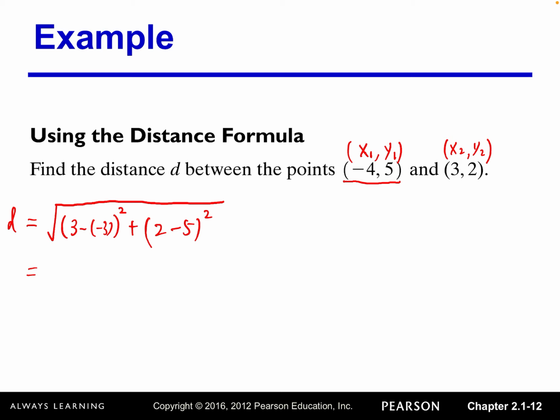It's 3 minus -4, not -3, my bad. So 3 minus -4 becomes 3 plus 4, so that's 7 squared. And 2 minus 5 is -3 squared.